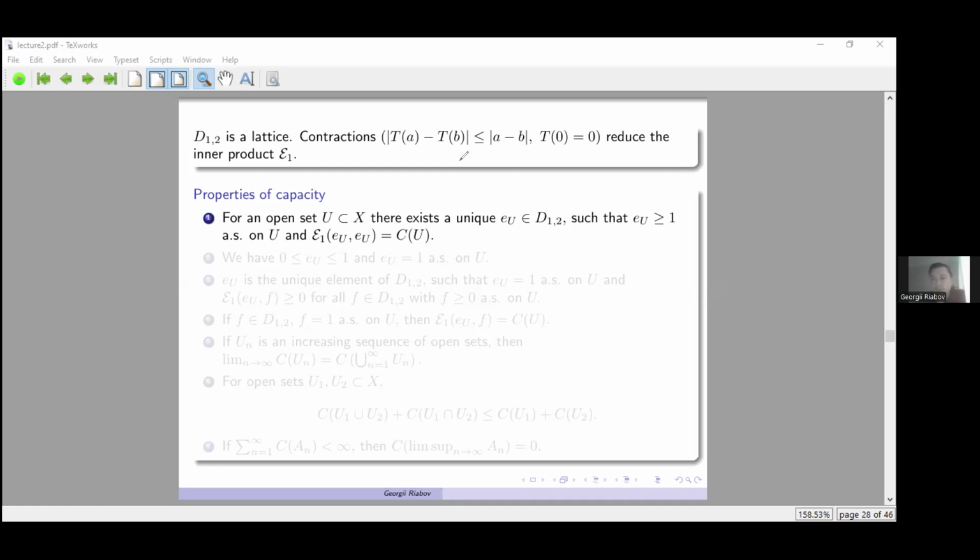So these are one-Lipschitz functions. Such functions reduce the inner product, in the sense that E1 of TF is less or equal than E1 of FF.